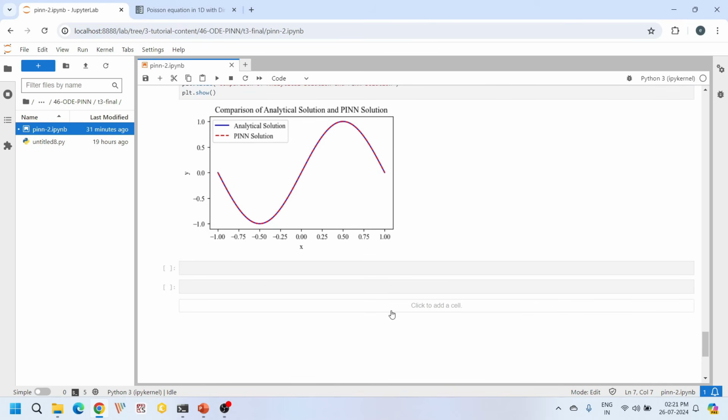Hope you guys have got some understanding about how this physics informed neural network works. In our upcoming tutorials, we will dive deeper into the concept of physics informed neural networks. We will explore solving more complex partial differential equations, inverse problems, and we will also try to demonstrate solving simultaneous differential equations. This is going to be an exciting journey into the more advanced aspects of PINNs.